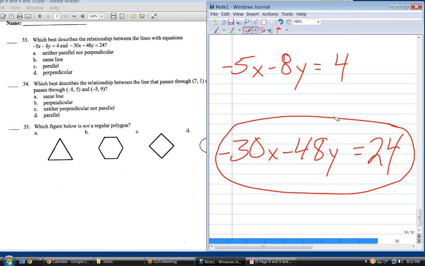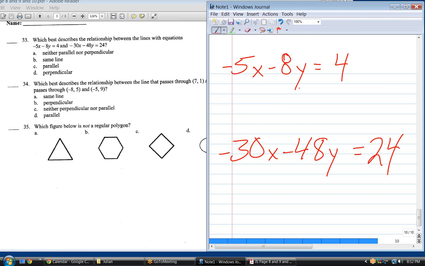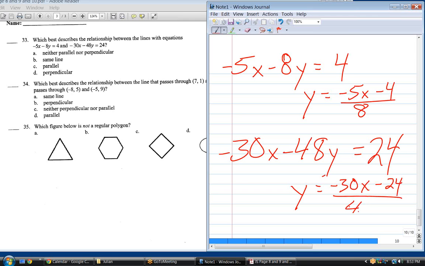We could have spent a lot of time solving this for y. y would be equal to minus 5x minus 4, divided by 8. This y would be equal to minus 30x minus 24, all divided by 48.